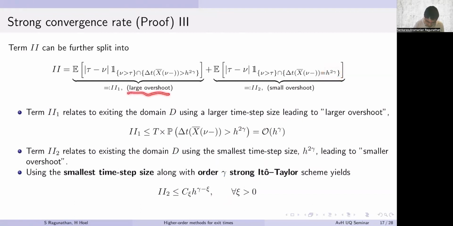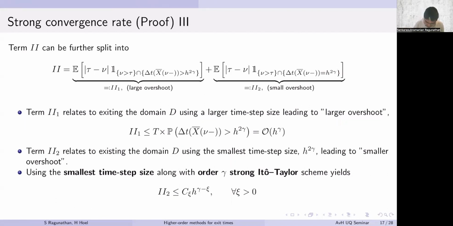So one relates to a large overshoot and the other one relates to a small overshoot. As you can see, if you use a larger time step in order to exit, you exit using a larger time step size, which means you also commit a huge error.